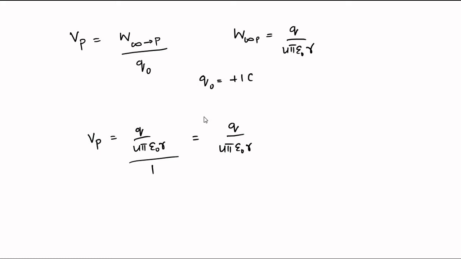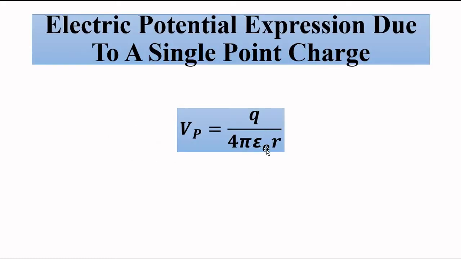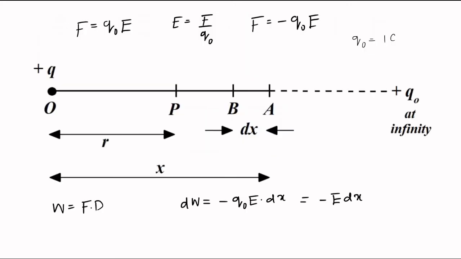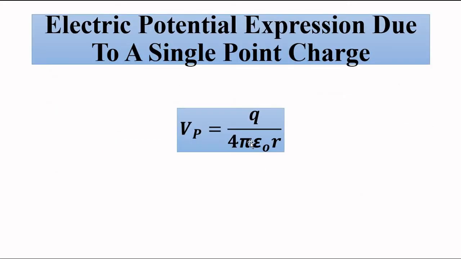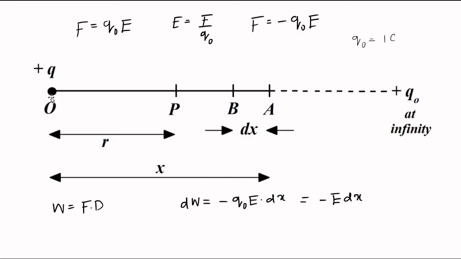That is the expression of electric potential due to a single point charge, which is q by 4 pi epsilon 0 r. So here q is the charge, the source charge. Epsilon 0 is the permittivity of free space, the absolute permittivity, and r is the distance between the source charge and the test charge, which is located at any point in space.